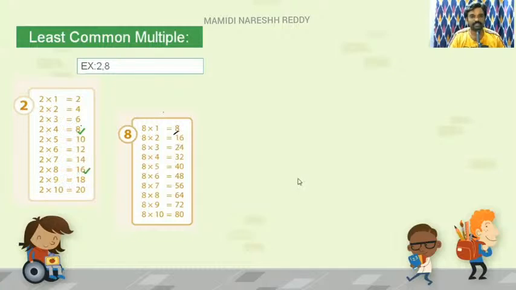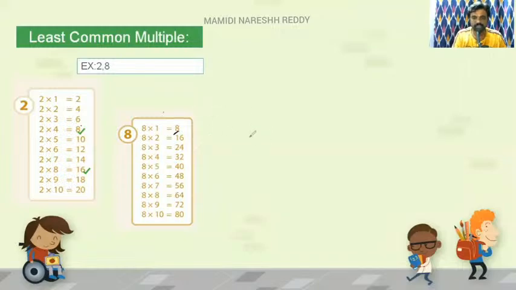We know all even numbers are multiples of 2. So all the multiples of 8 are multiples of 2. For example, 24 is 2 12s, 2 16s is 32. That's why every even number is a multiple of 2.